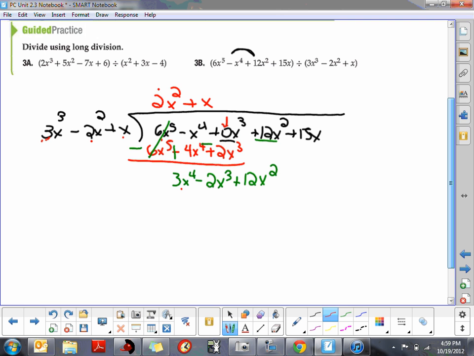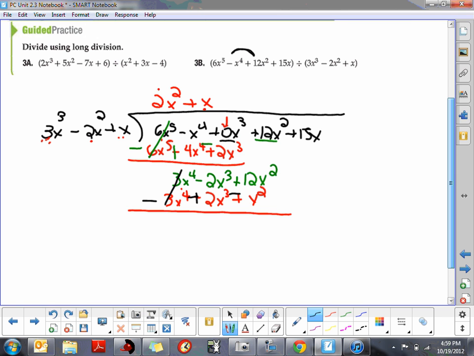All I got to do is multiply by x, so x times 3x cubed is 3x to the fourth. Take the x times negative 2x squared, that's going to be a negative 2x cubed. Then I take an x times an x, which is positive x squared. Okay, we draw the line, we change the signs, so you got a minus becomes a plus, the plus becomes a minus, and now we're adding the opposite, so these will reduce.